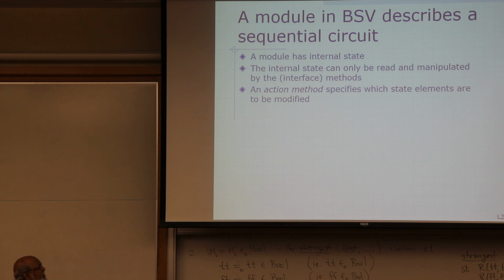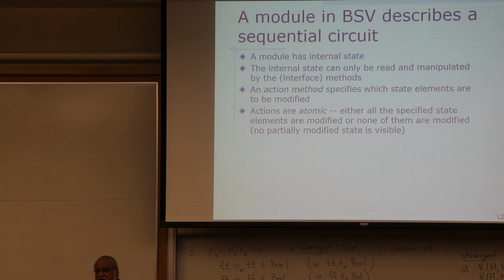An action method specifies which state elements are to be modified. And again, it's all or nothing. If you say these state elements should be modified, then all of them will be modified, or none of them will be, which is precisely what we want in a sequential circuit. Remember, I showed all the state like this, and you have to update only those things that you want to.